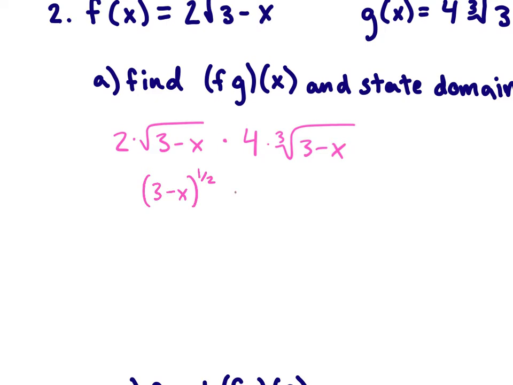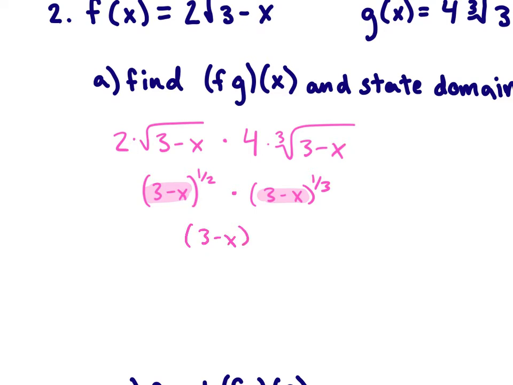And this one is 3 minus x to the 1/3 power. Our bases here are the same and we're multiplying. So what do we do with the exponents? Add them. Since we're multiplying, we combine into one base and add our exponents together.